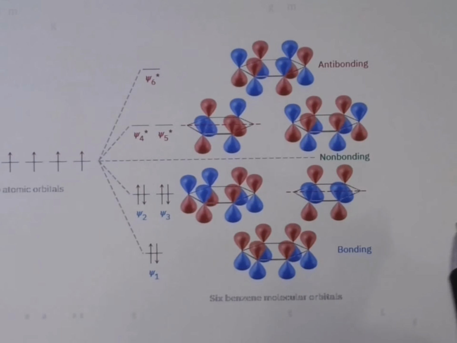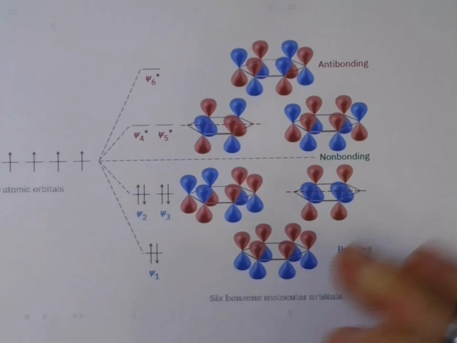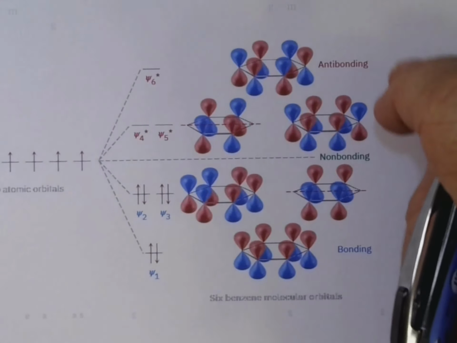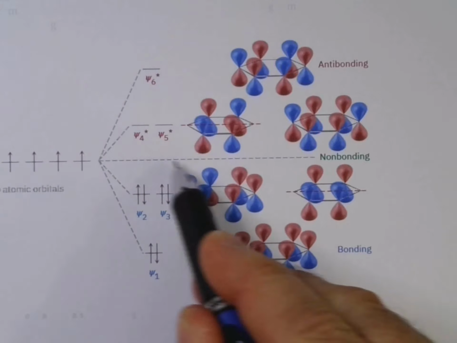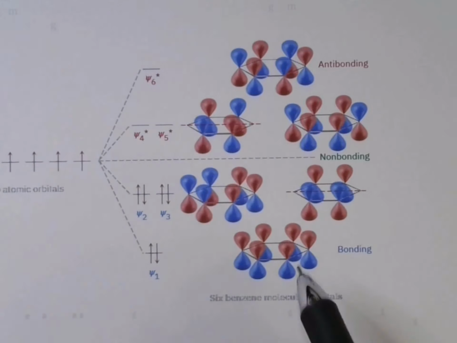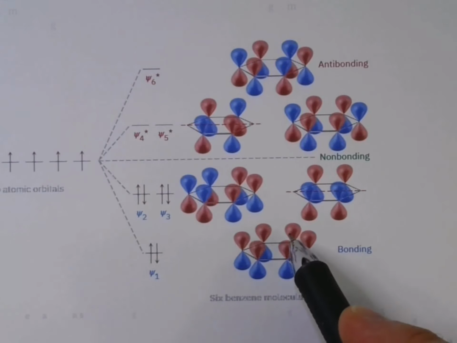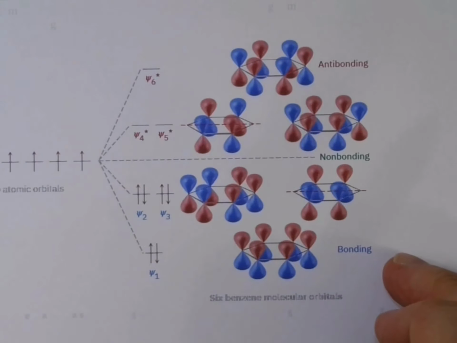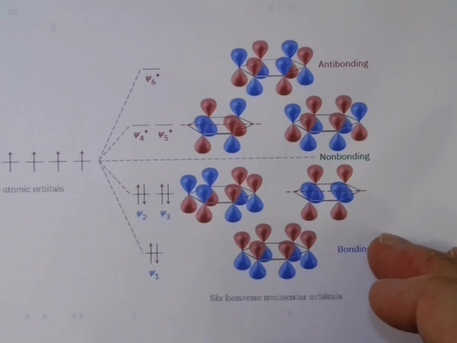So again, I may have misspoken. Of the 6, the half that are lower energy are bonding, the half that are higher energy are anti-bonding. Anything at the 0 of energy would be non-bonding. So we only have bonding orbitals that have electrons in them, and thus we get a nice stable bond.